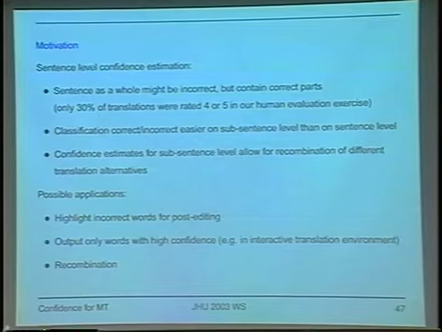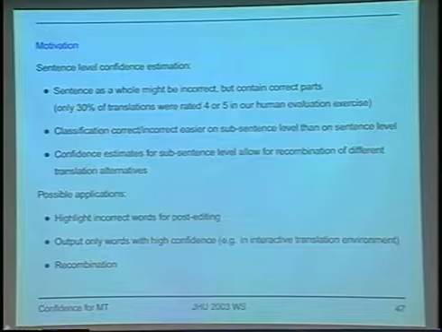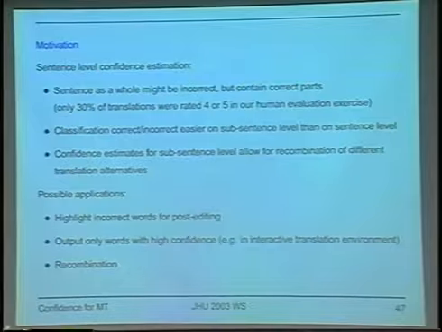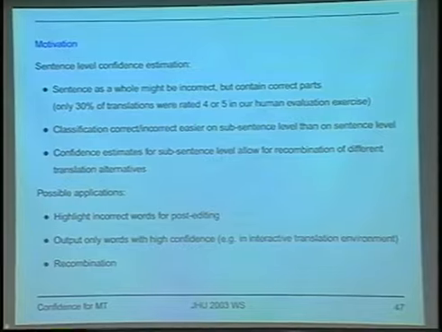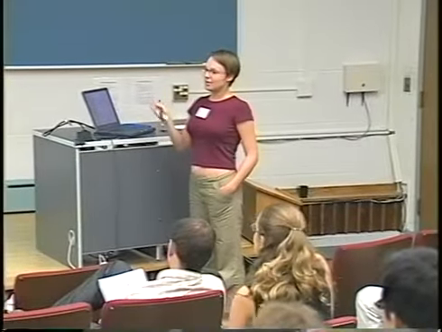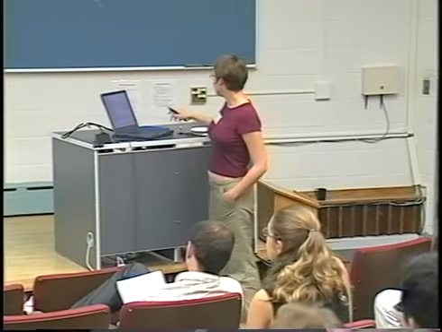So the possible applications we see for sub-sentence level confidence would, for example, be to highlight incorrect words or parts of the sentence for post-editing, or if we are in an interactive translation environment, for example, we want to output only those words that have a high confidence and just discard the others, or the recombination I mentioned before.